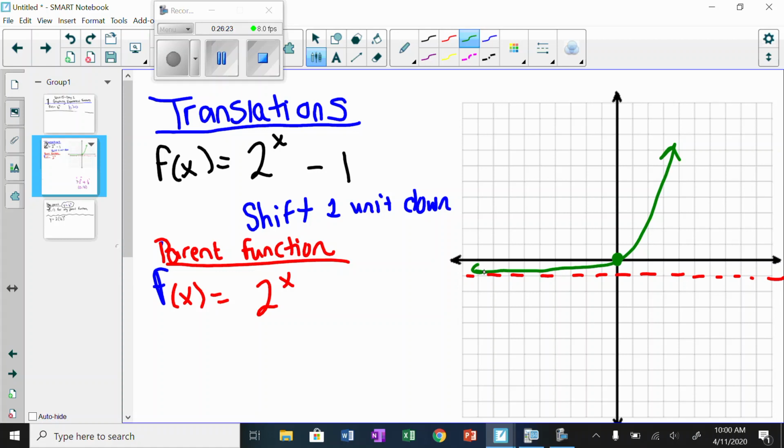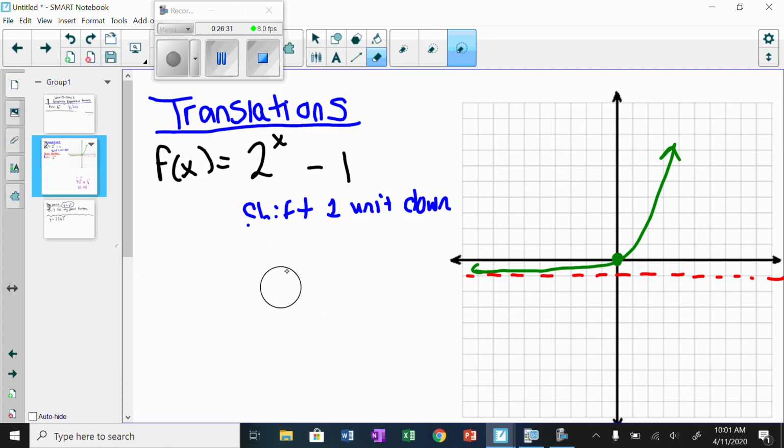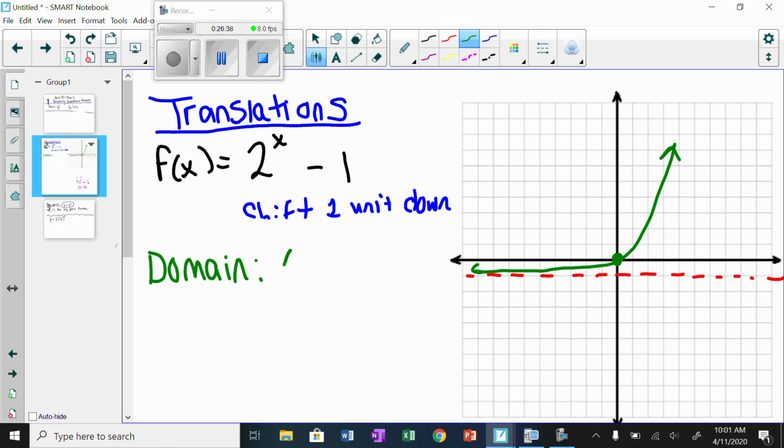So now let's think of the domain and range for this. I think we're clear the domain will still be the infinities, but now the range is going to change. Because now we're not hugging the x-axis, we're not hugging 0 anymore. Now we're hugging -1, and it's not touching it, so that's why it's a round bracket, and then we are going to infinity.